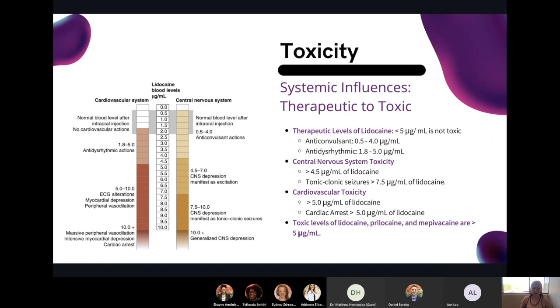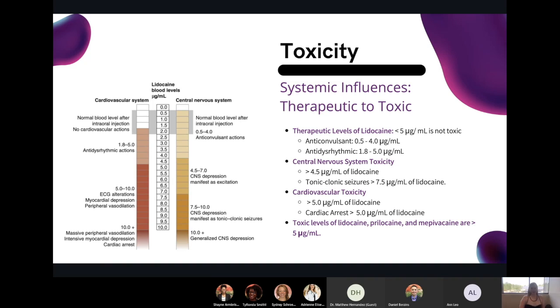In general, blood levels of lidocaine less than 5 micrograms per milliliter are not toxic. From 0.5 to 4 micrograms per milliliter are the blood levels related to its anticonvulsant actions. From 1.8 to 5 micrograms per milliliter are blood levels related to its antiarrhythmic action.